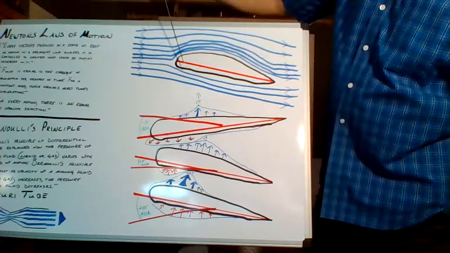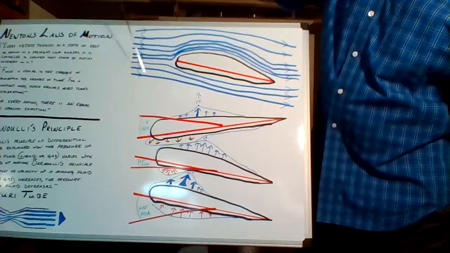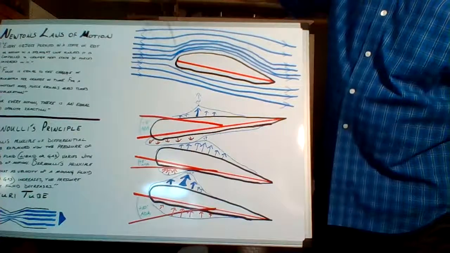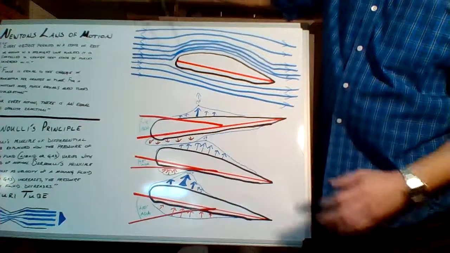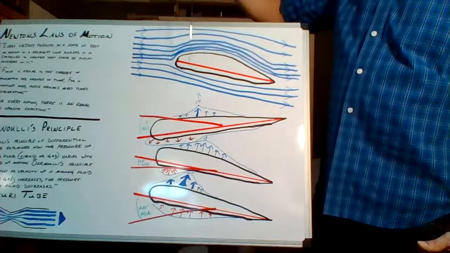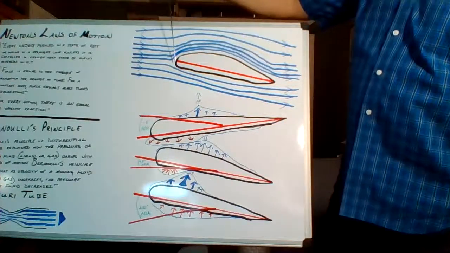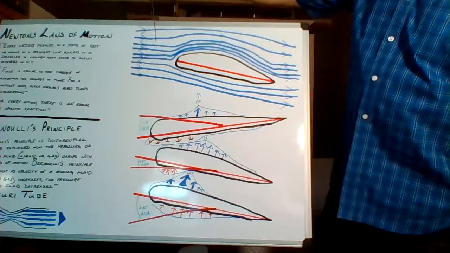You want a flat bottom, so that the pressure and velocity on the downward edge of the airfoil are pretty much equal and not really doing much.